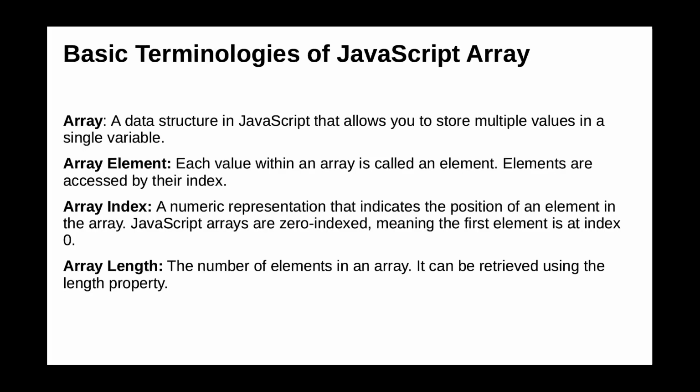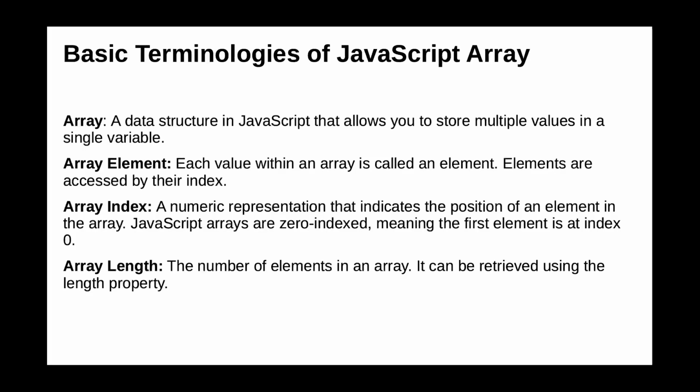And array index is a numeric representation that indicates the position of an element in the array. JavaScript arrays are zero indexed, meaning the first element is at index 0 and the second at 1 and so forth.